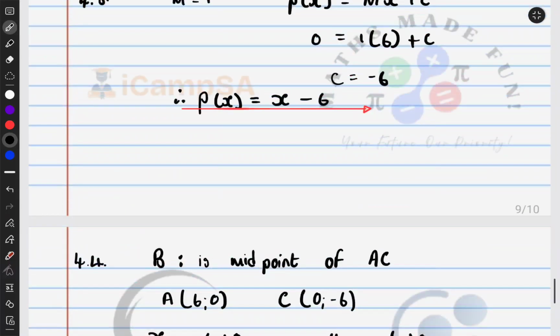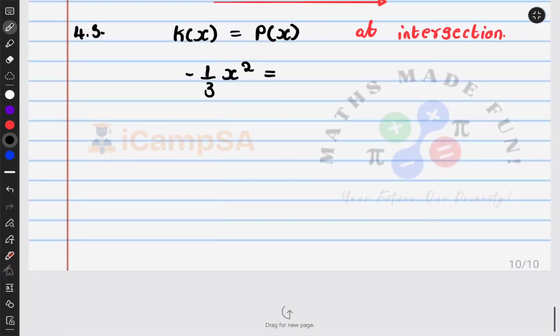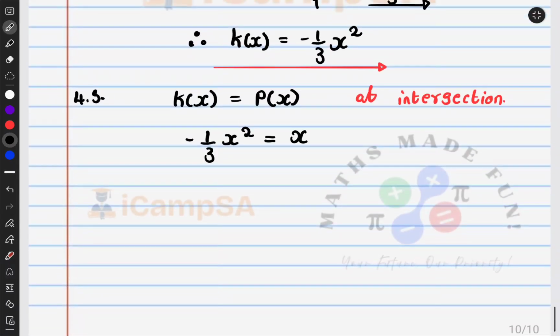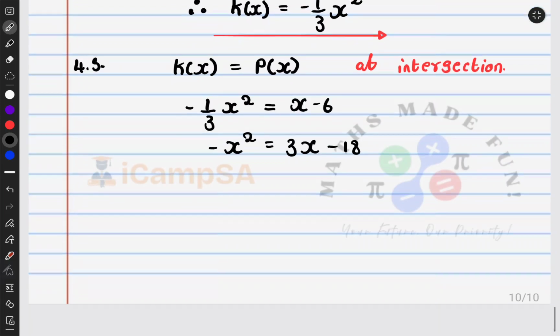We have already calculated P at x is x minus 6, and then from here we solve for x. We're going to be left with negative x squared here, multiplied by 3 at both sides. Then we have 3x minus 6 times 3, which will be 18.